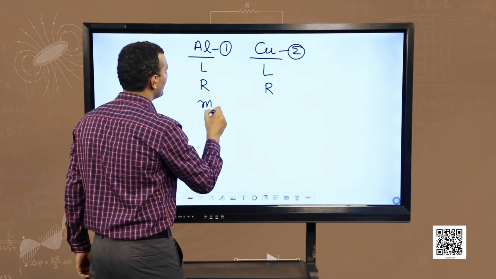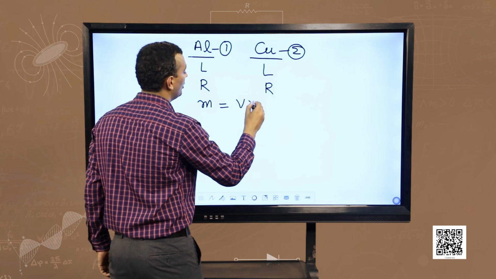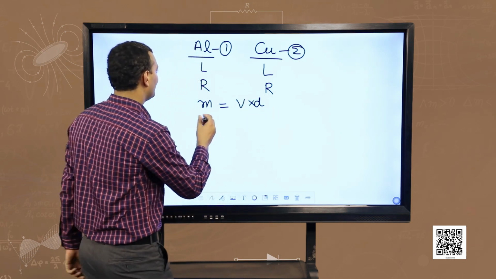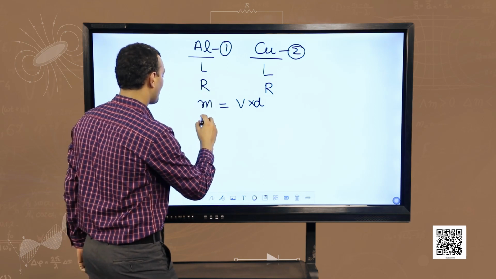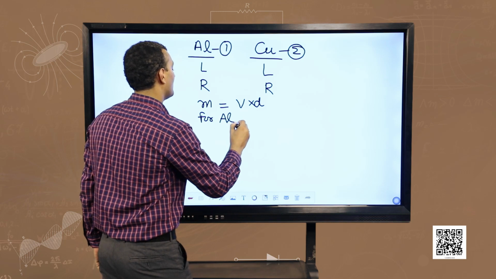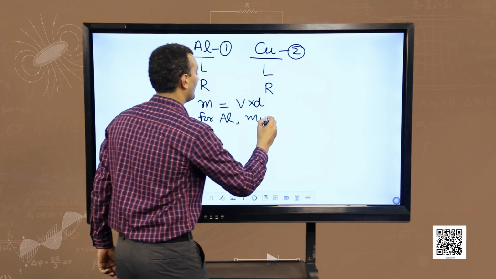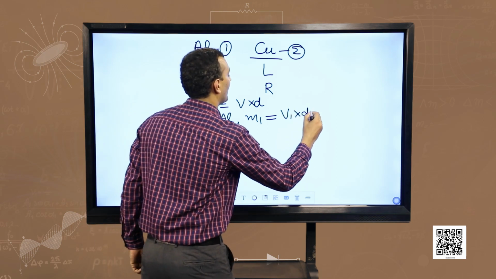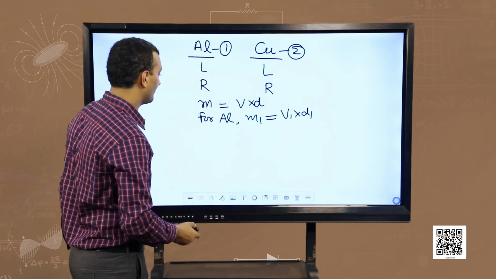We know that mass equals volume into density. So for first metal, that is for aluminium, mass M1 becomes volume of aluminium into density of aluminium.